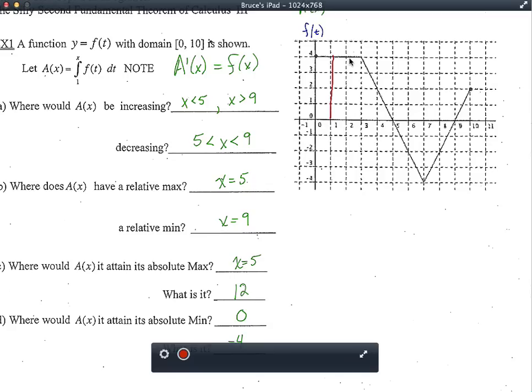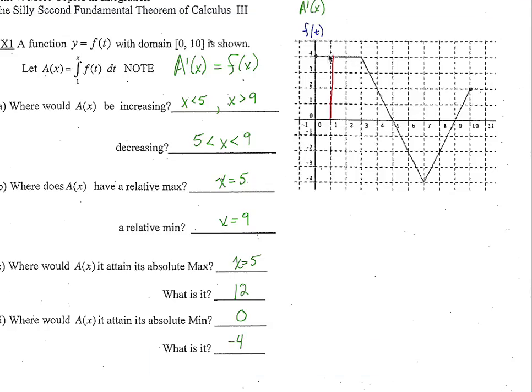And if we're looking for an inflection point, we're looking for where the concavity is changing, which would mean where the slope of the derivative graph is changing. So we don't have the slope of the derivative graph changing along here. This is where we start, and we're not going from concave up to concave down here, right? So we're going from no concavity to, and this here, because it's got a negative slope, this is concave down.